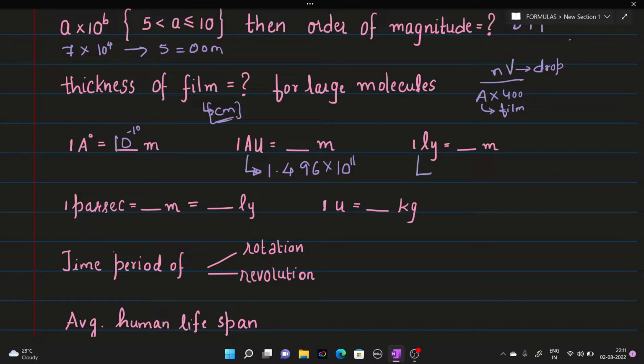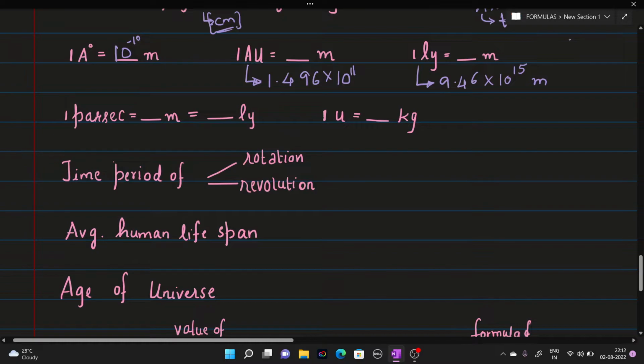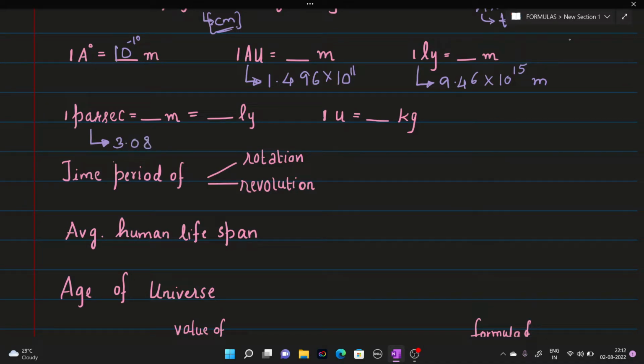Then conversion of 1 light year to meters, 1 light year will be 9.46 into 10 to the power 15 meters. Later on, the conversion of parsec: 1 parsec can be converted to meters as 3.08 into 10 to the power 16 meters, or into light years as 3.26 light years.